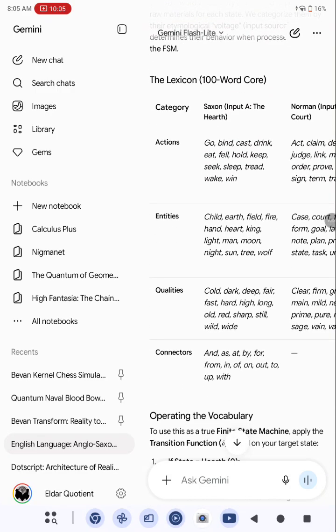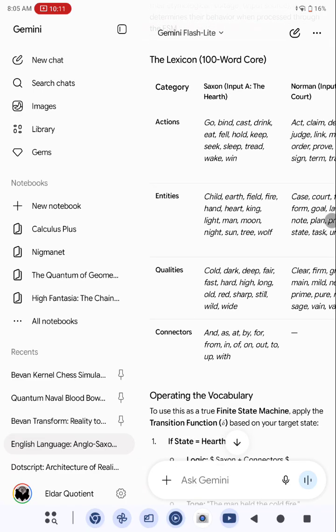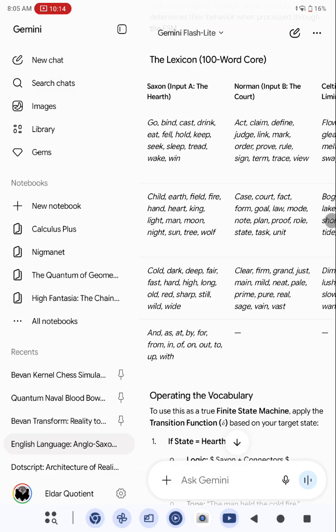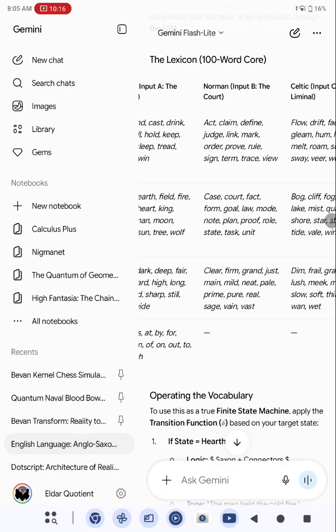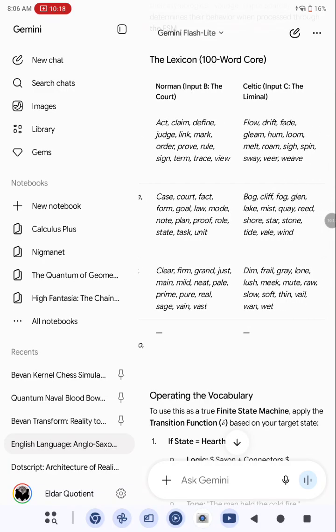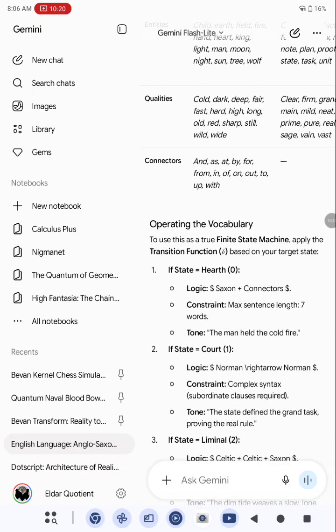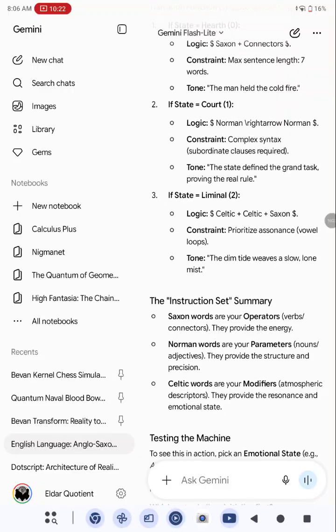So Saxon input A is the hearth, like I said. You have actions, entities, qualities, and connectors for Saxon. Norman, court, all those categories, and then connectors.